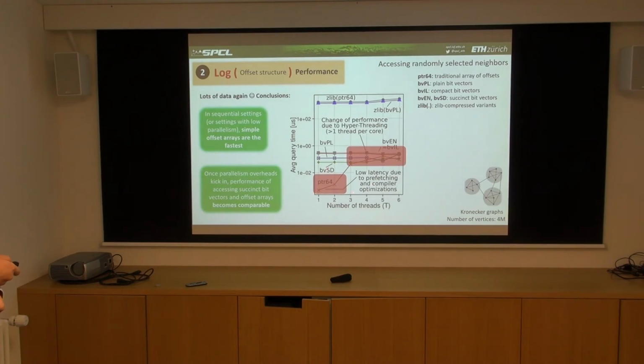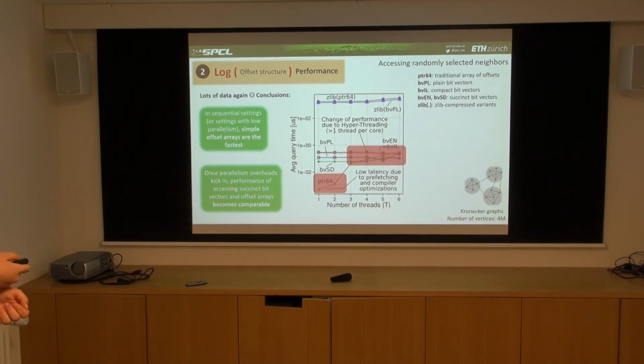So on one hand, we can see that the performance of simple offset arrays is definitely the best one if we consider the environment where we have very little parallelism. However, as we increase the number of threads, overheads of parallelization kick in, and in this place we can clearly see that the performance of bit vectors is becoming similar to that of the offset arrays, especially the succinct bit vectors BVEN and BVSD that we also saw before as being very good with the storage overhead reduction.